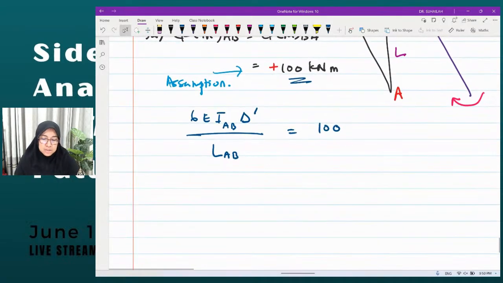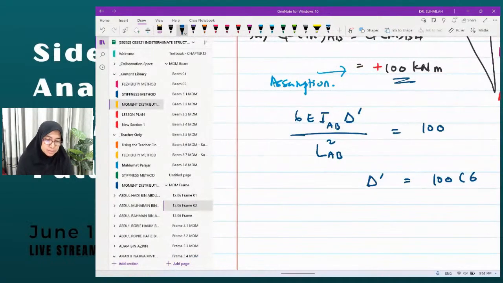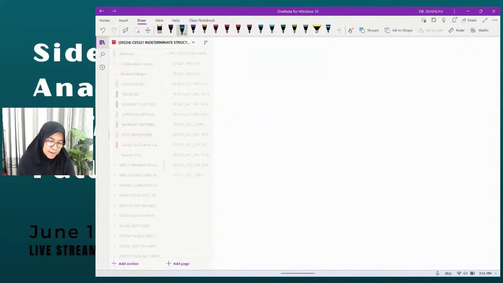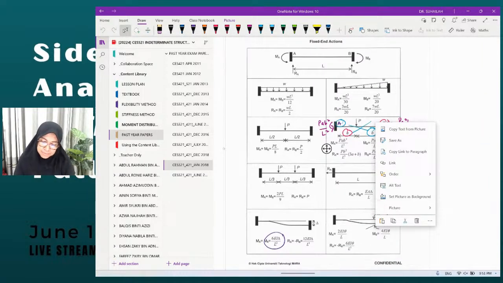So the delta prime is equal to 100 times L squared, divided by 6 EI.